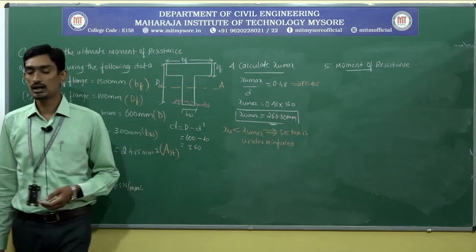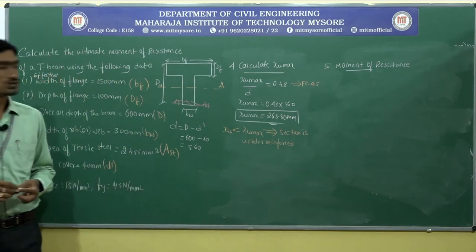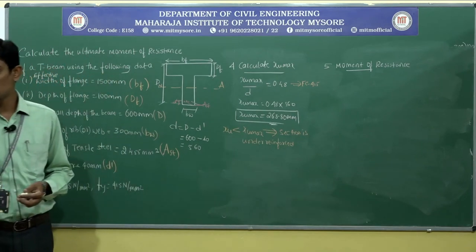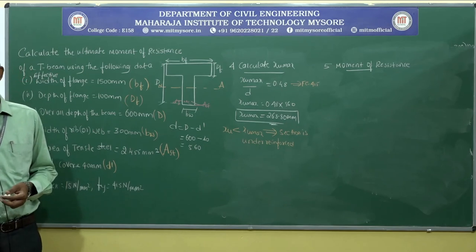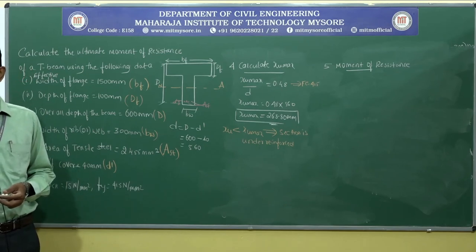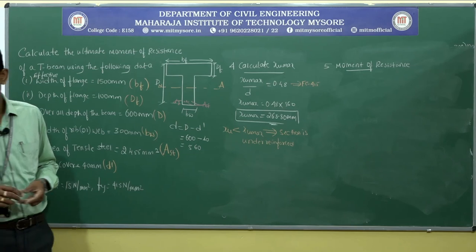Okay, so how to calculate the moment of resistance? Now we have decided it is an under-reinforced section. So now we need to check two cases, whether the Df by Xu value is lesser than or equal to 0.43, or greater than 0.43.